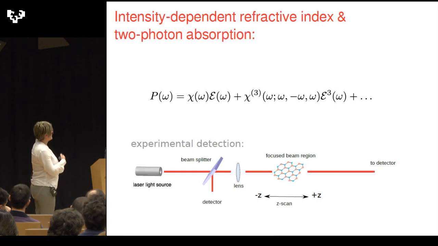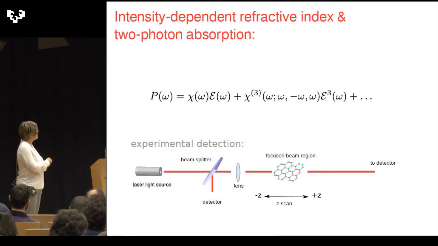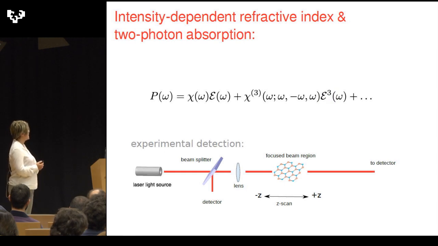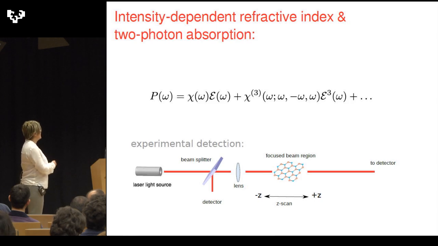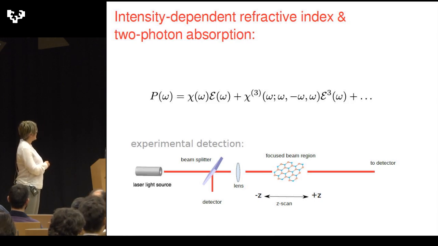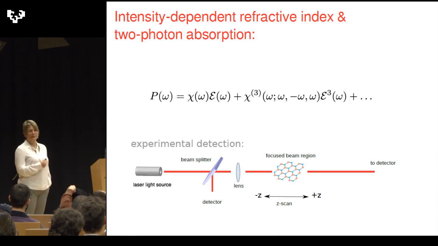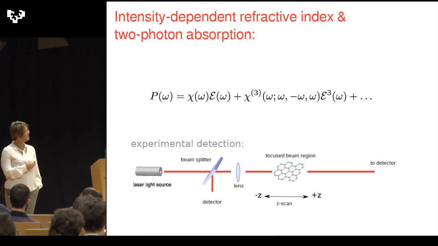We also looked at other properties like the intensity-dependent refractive index and 2-photon absorption. So this is just, if you look at the polarizability at the laser frequency, you can get, of course, the linear response. But then you will also have terms which depend cubically on the field.